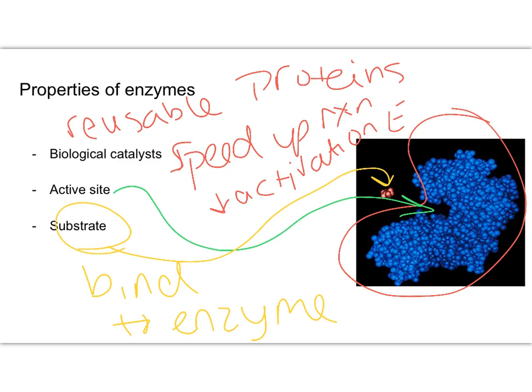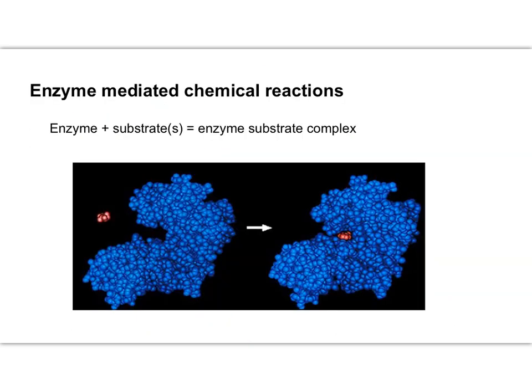So they're looking for a particular substrate that fits into their active site. They can't just work with any substrate that they want to work with. So when our enzyme finds a particular substrate that it is compatible with, these enzyme-mediated chemical reactions can occur. So these particular chemical reactions are the reactions that are occurring when the enzyme and substrate are able to bind with one another.